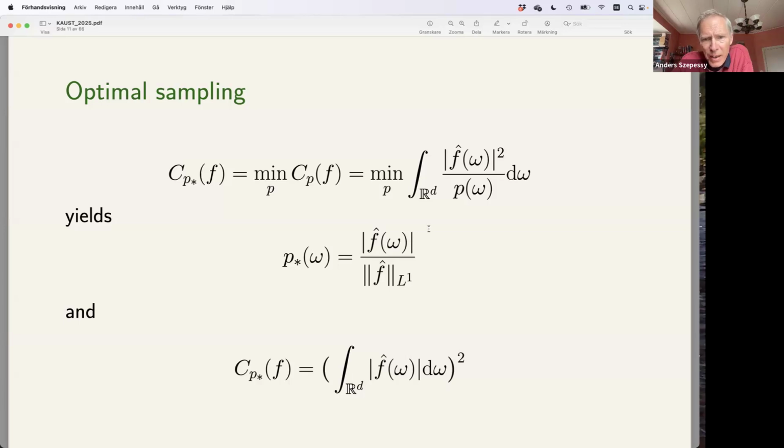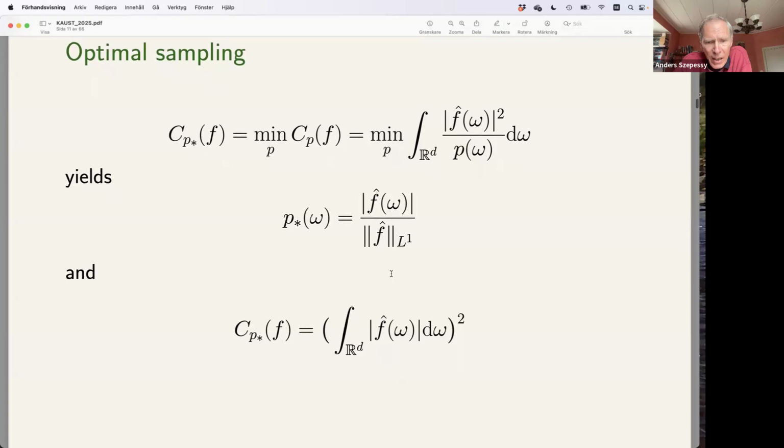So that means that p squared times f hat squared divided by p squared needs to be constant, so that p has to be proportional to the absolute value of the Fourier transform amplitude, and the integral has to be 1, so that we have derived the minimal value of the constant.